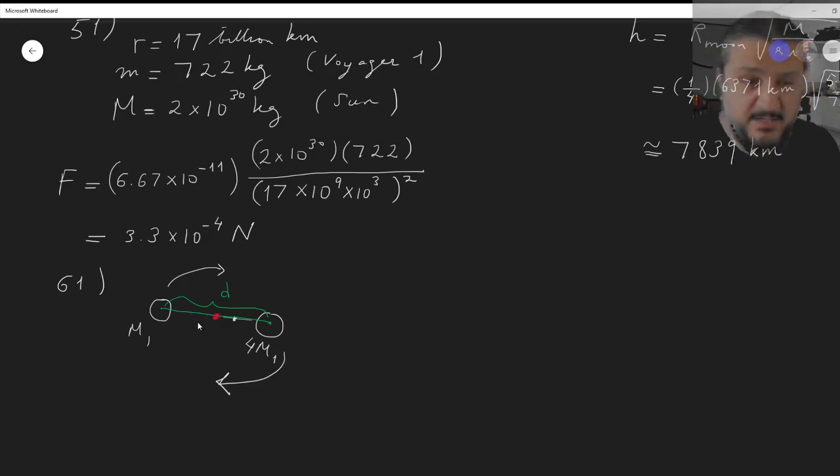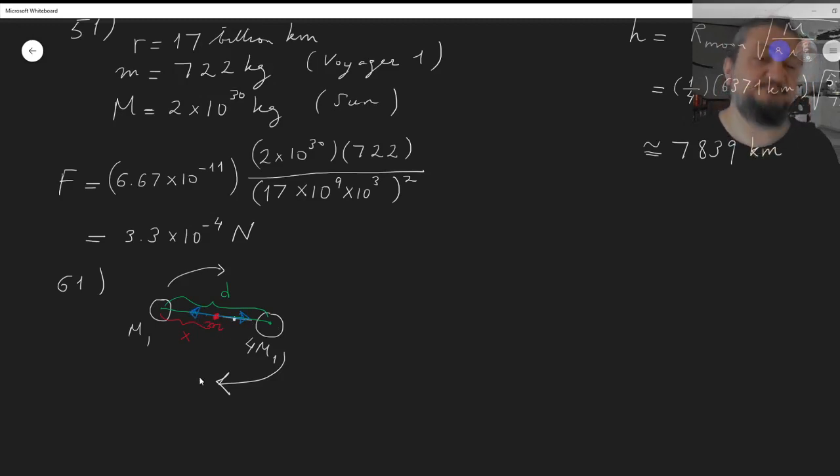It doesn't matter where you put it. Just pick a distance, call it x, for instance. But at that point, you place a mass, let's call it little m. So this little m will be experiencing forces due to these, one to the right and one to the left, or to the smaller star, let's say.